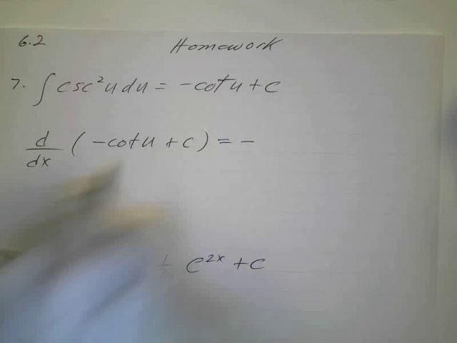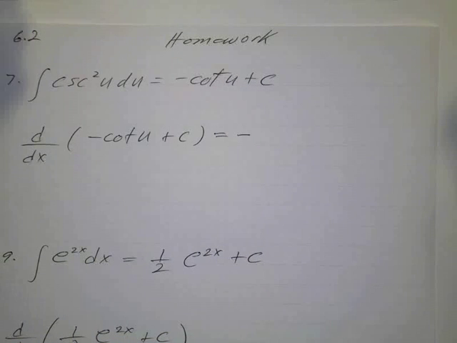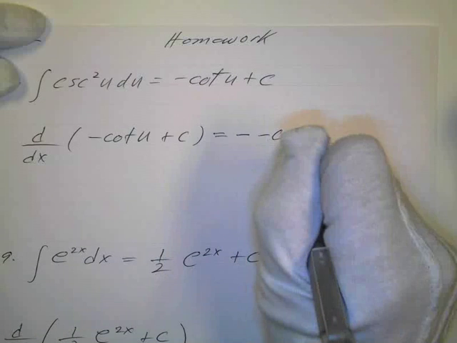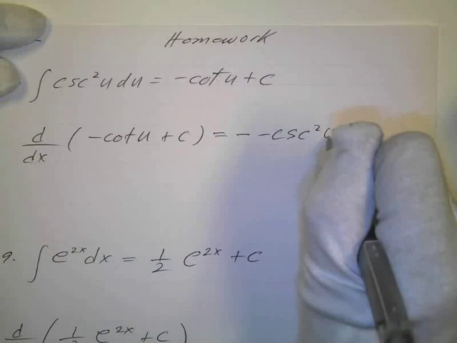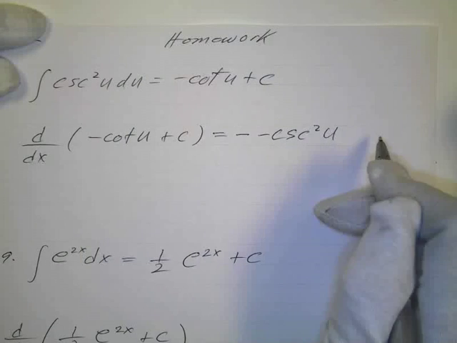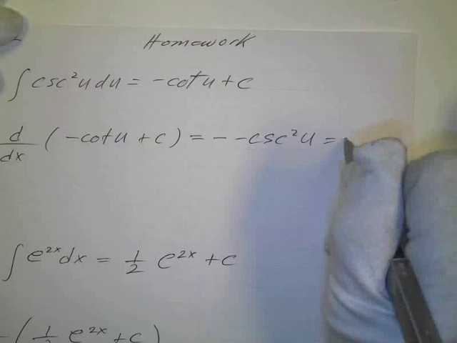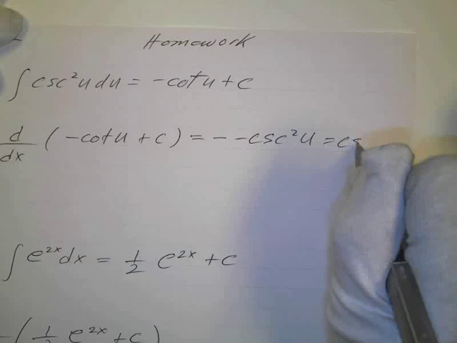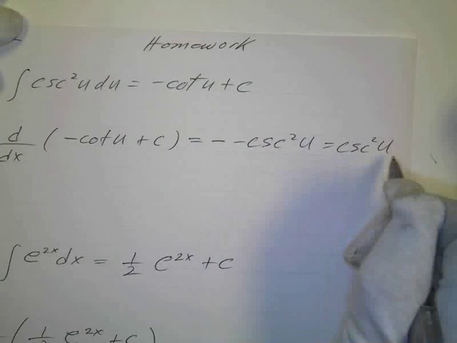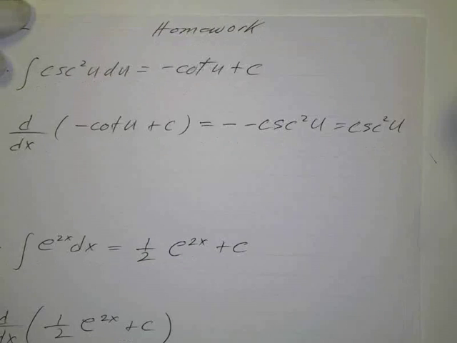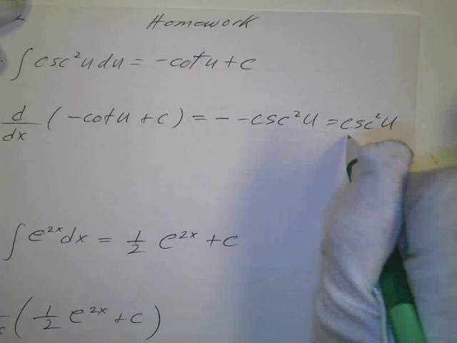And what's the derivative of the cotangent? Well, the derivative of the cotangent is negative cosecant squared of u. And the derivative of c is 0, and a negative times a negative is a positive, so we just have this, which is what we had here. So that checks.